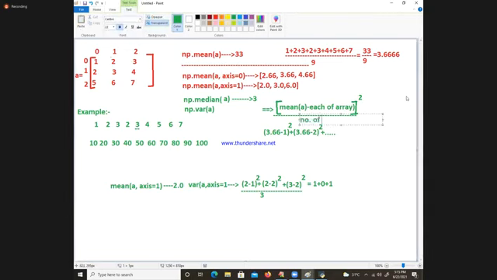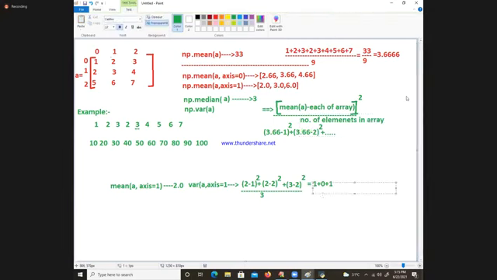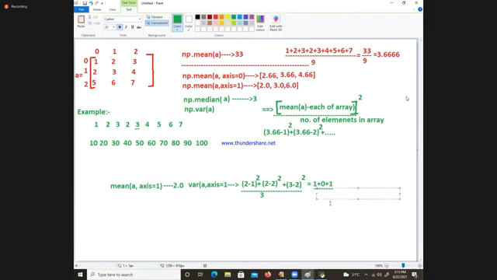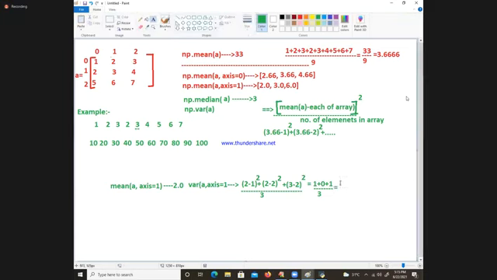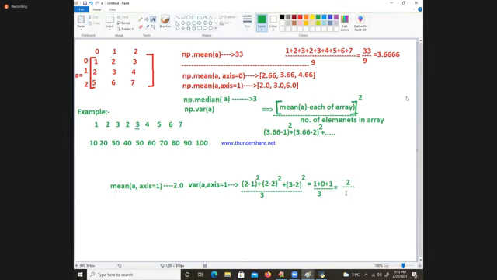Number of elements in array. In the case of the original formula, these are statistical formulas, 3 by 3. This is called 3, which is equal to what? 2 by 6... 2 by 3, I mean to say.